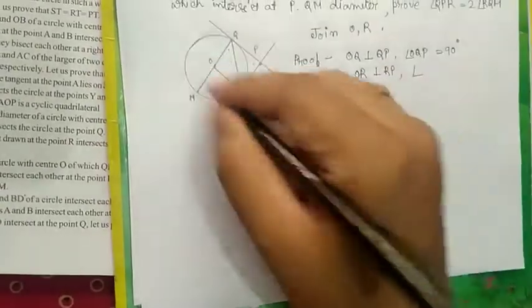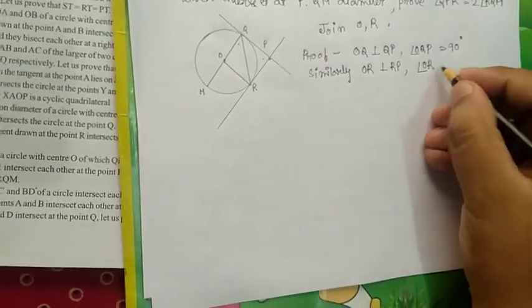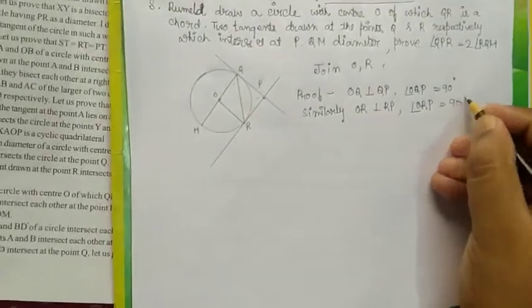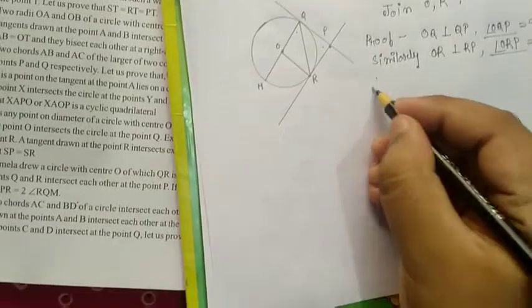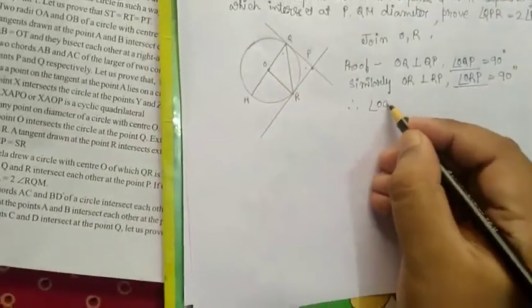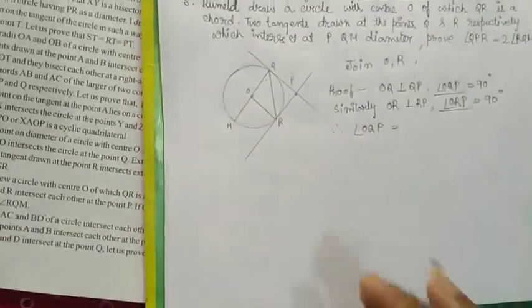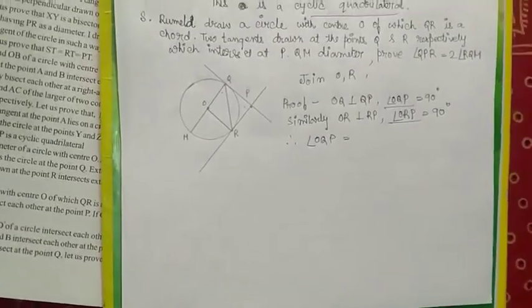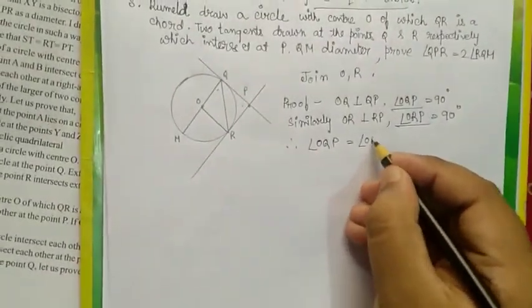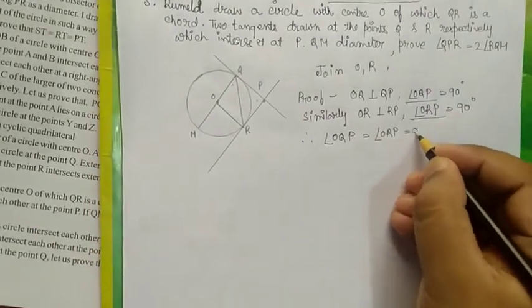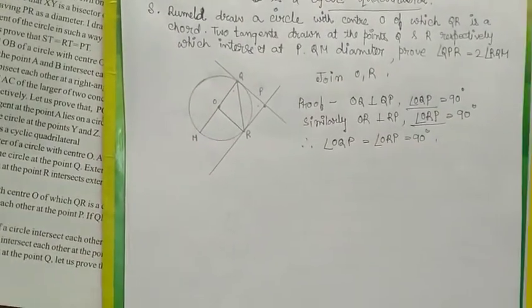So angle ORP equals 90 degrees. So we can say that angle OQP equals angle ORP equals 90 degrees. These two angles are equal.